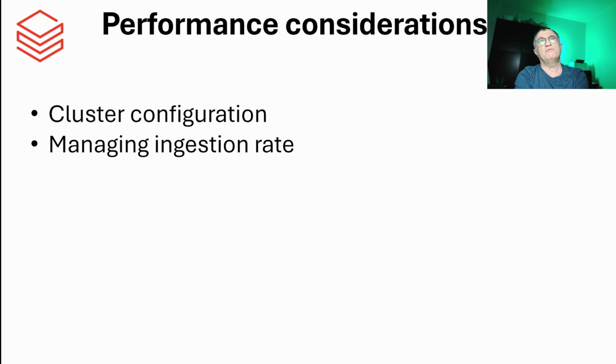However, if your workload is heavy on stateful transformations like aggregations or joins, your streaming performance will benefit from having more powerful nodes with more memory. Another consideration is managing your ingestion rate. If you are noticing your backlog increasing over time, you may choose to change some of the source options to reduce streaming pace or to make your micro batches less frequent.